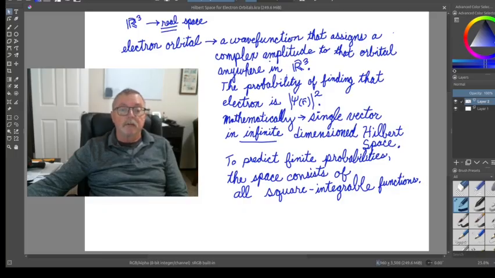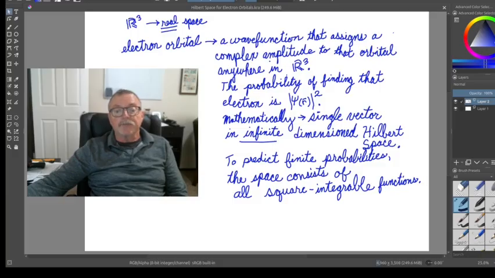Infinite. So, if we have an infinite dimensioned Hilbert space to accommodate all these complex amplitudes, then a single vector in that dimensional space will suffice, as long as we have an infinite dimensioned Hilbert space, because we have an infinite number of points.